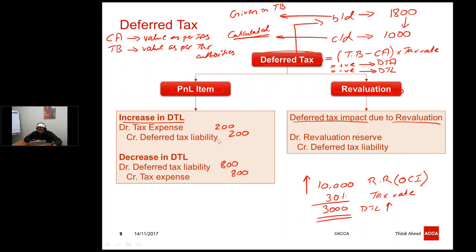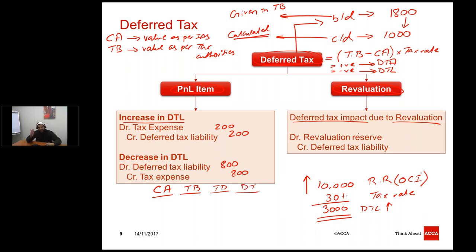Okay, I'm repeating again about the revaluation. So the entry is going to be, if an asset has been revalued upwards, we are going to increase. Let me explain in a bit more detail, although we are short of time. Let's suppose I'm writing the carrying amount, the tax base, the temporary difference and the deferred tax.